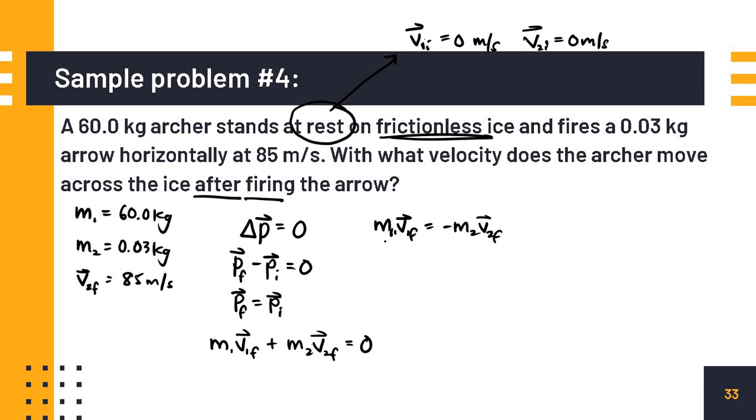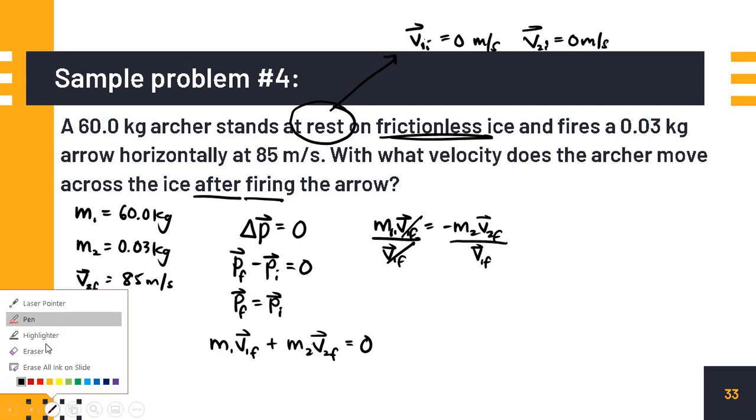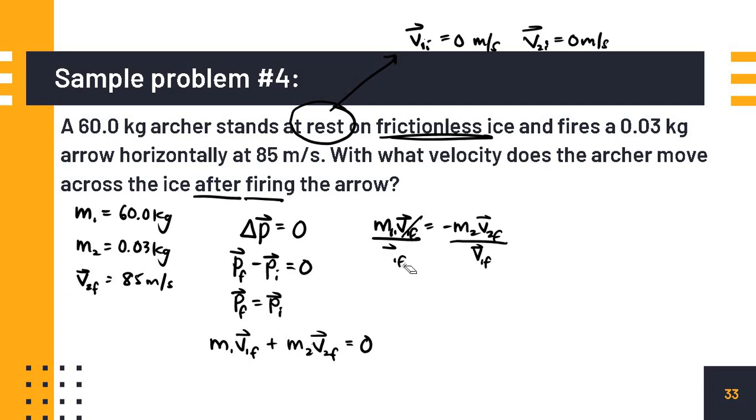Alright, and then we divide both sides by v1f. Sorry, my mistake. We should divide both sides by mass, not by the final velocity.